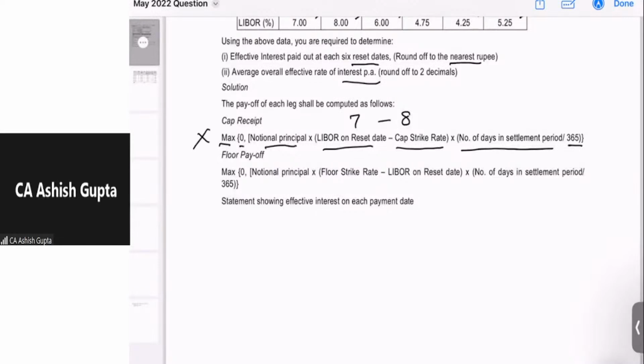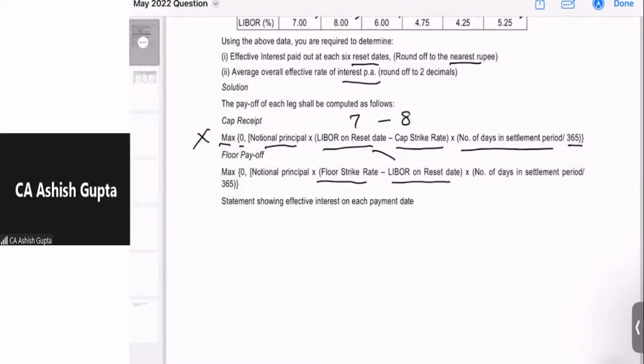Now we come to the floor payoff. Here it is the maximum of 0 and the floor strike rate minus the LIBOR reset rate. Here our option will be exercised.